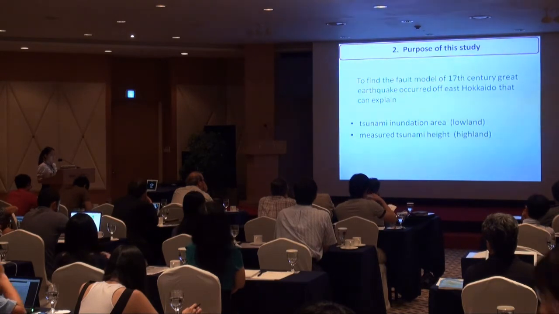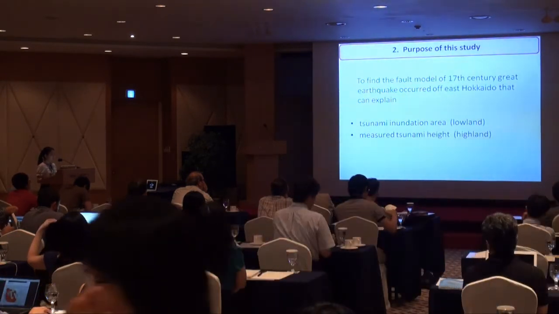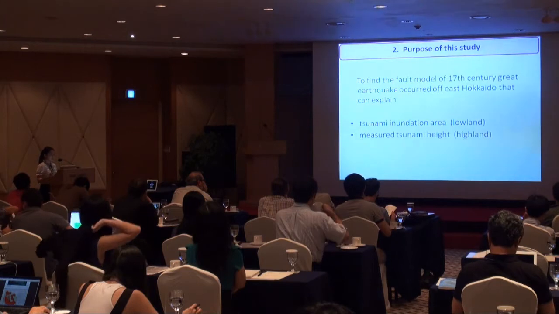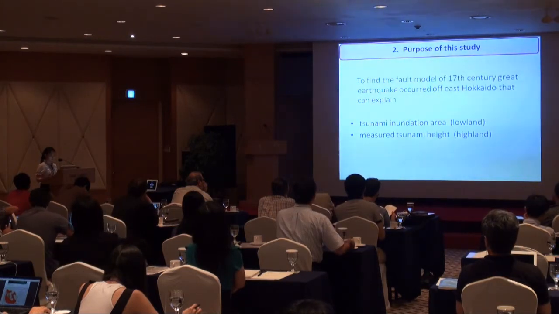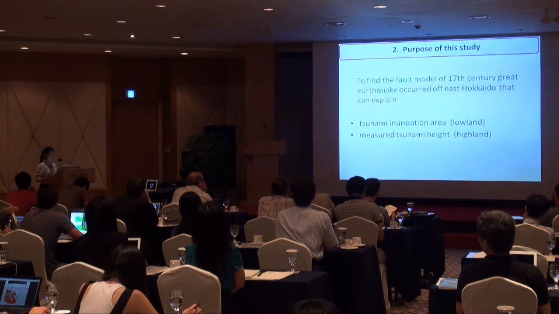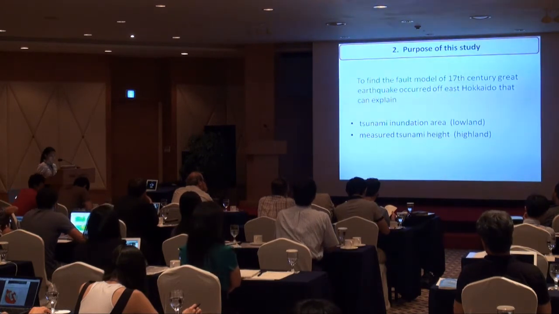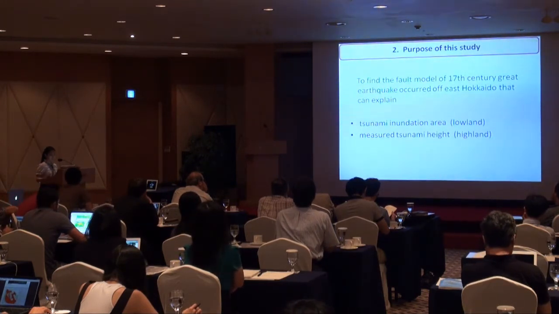The purpose of this study is to find the fault model of the 17th century great earthquake that occurred off East Hokkaido that can explain both the tsunami inundation area and the measured tsunami height.